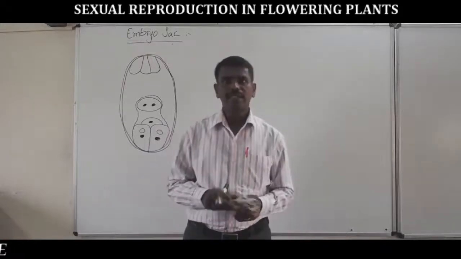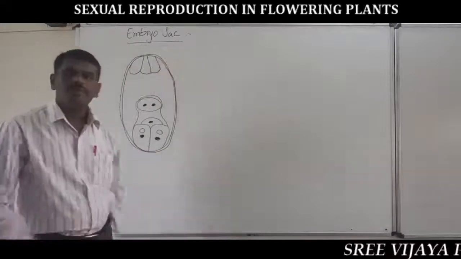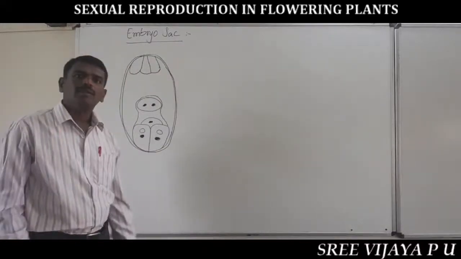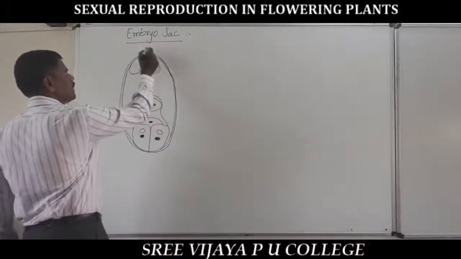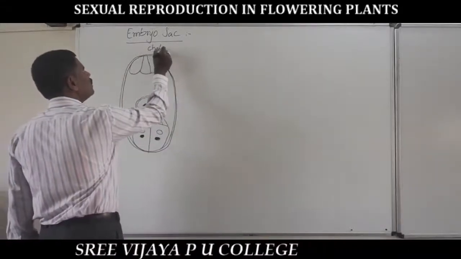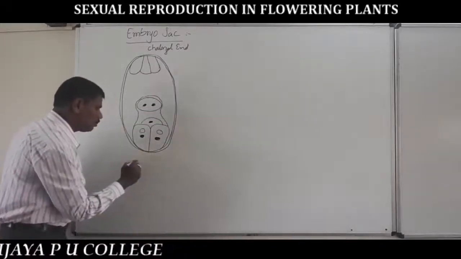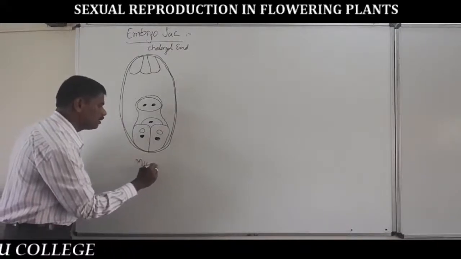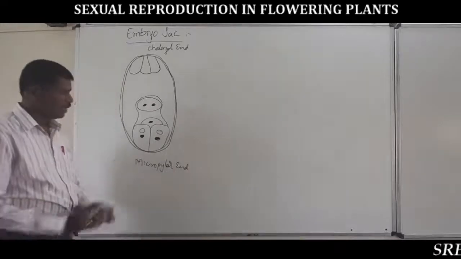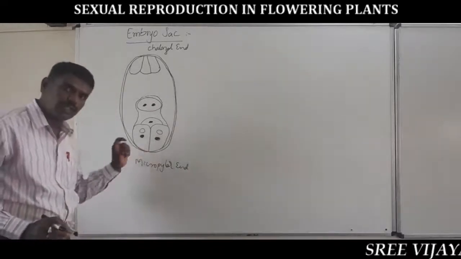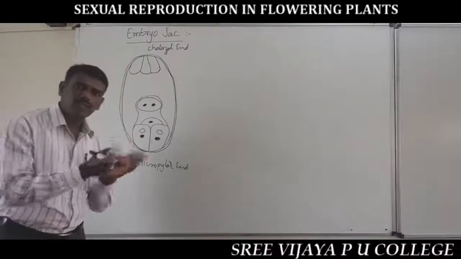Before that, we discussed the structure of the embryo sac. The embryo sac has two ends, the two ends of the ovule: the chalazal end and the micropylar end. The micropylar end is towards the pore in the ovule where the integuments are absent.